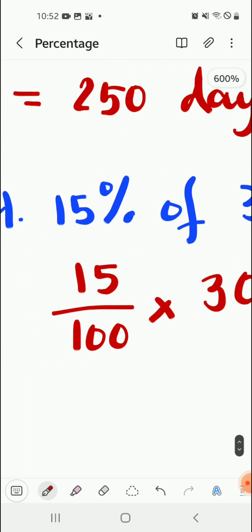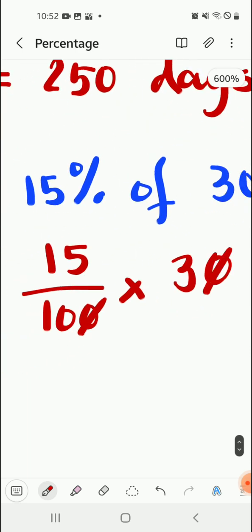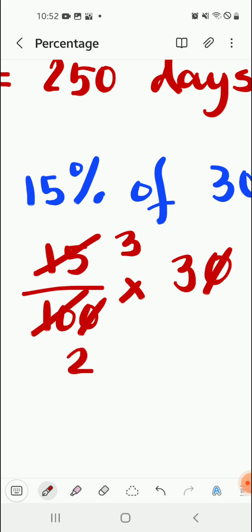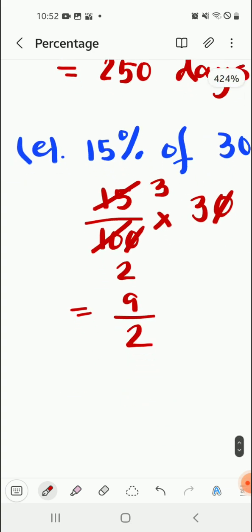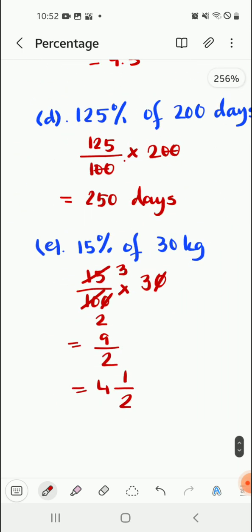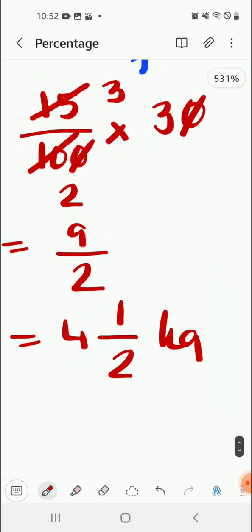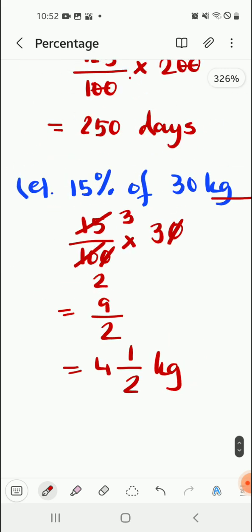Try and cancel it down. Here 0 and 0 gets cancelled. Here 15 divided by 5 we get 3, and here 10 divided by 5 we get 2. So we've got 9 by 2 like the previous number. So the answer is 4.5 kg, because here the question had kg, so here the answer will also have a kg unit.